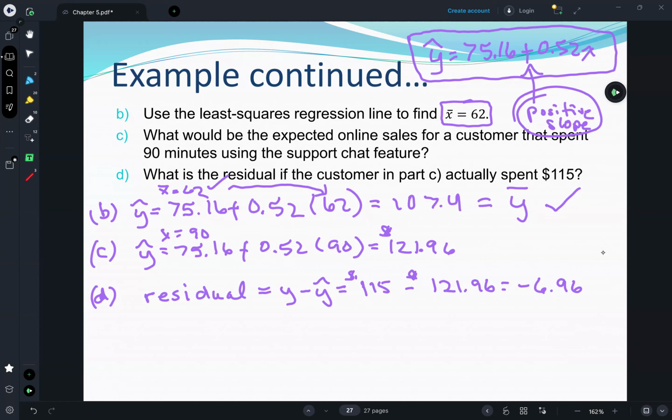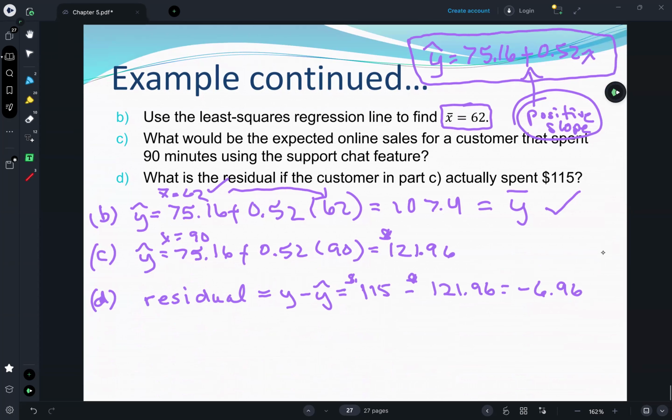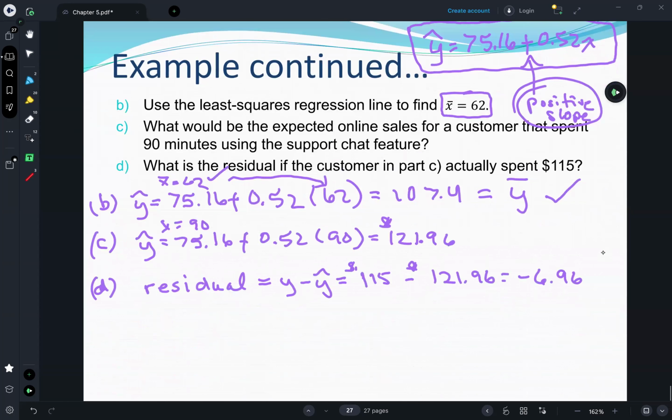And that is a way to know if you've calculated the least squares regression line accurately or not. So we have the proper slope and intercept.